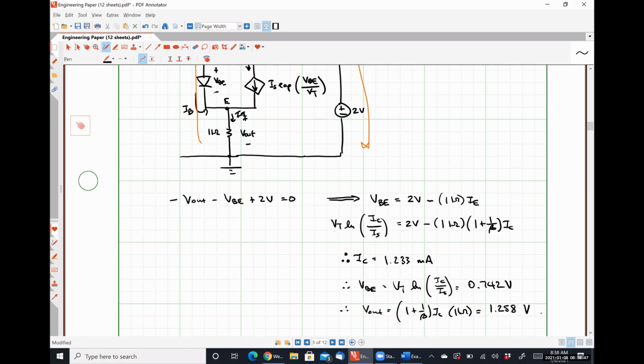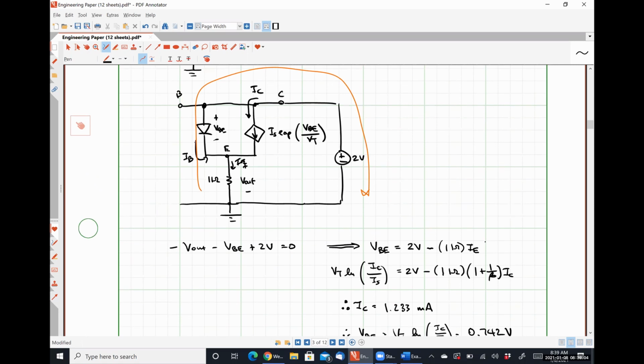Is this acting in the forward active region? Again, we know VB is at a higher potential than VE. Kirchhoff's voltage law tells us that trivially. What's the relationship between VC and VB?